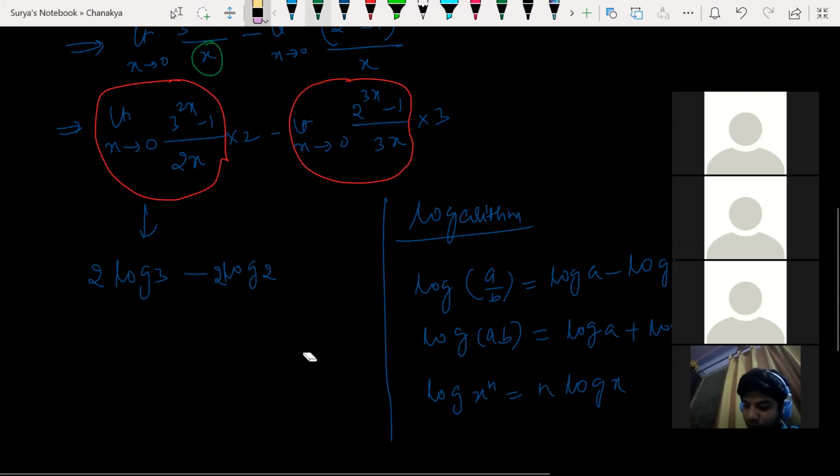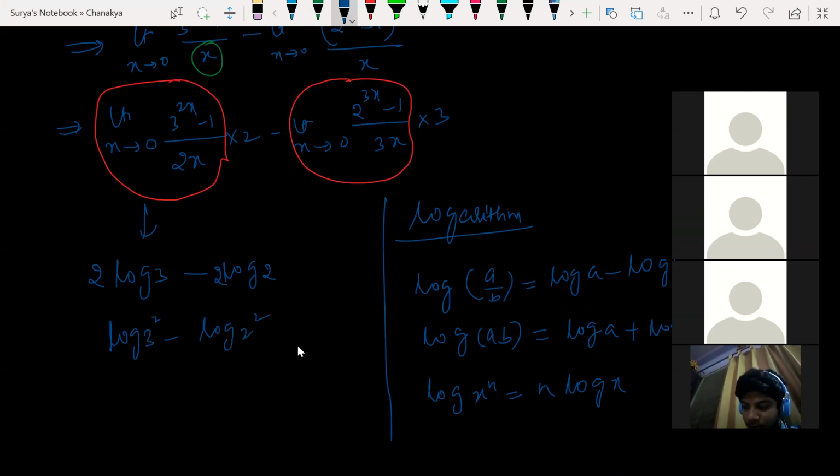Now, here this can be written as how? Now can I write log 3 square minus log 2 square, can I write? Yes or no? So log 3 square minus log 2 square can be written as 4, isn't it?